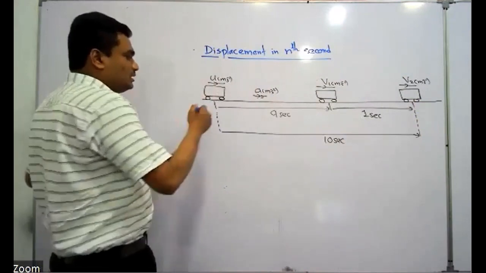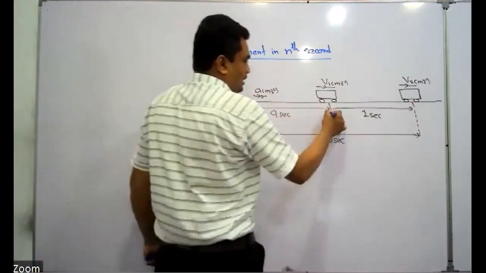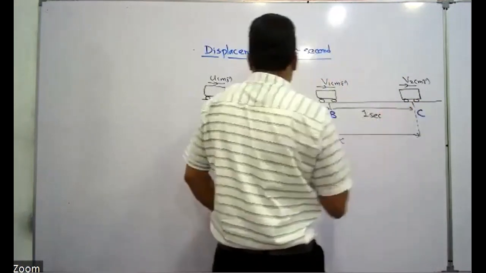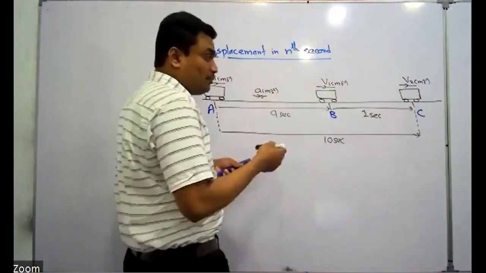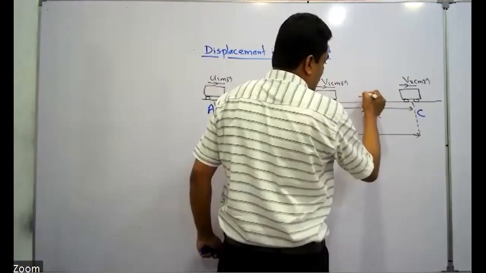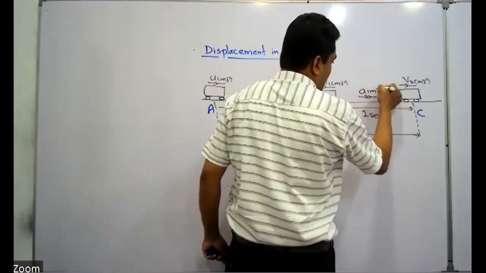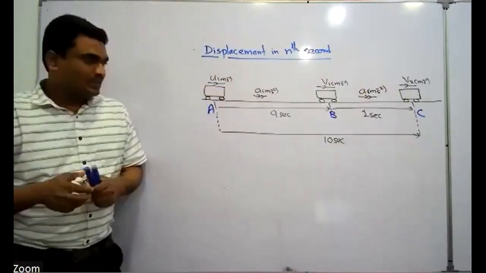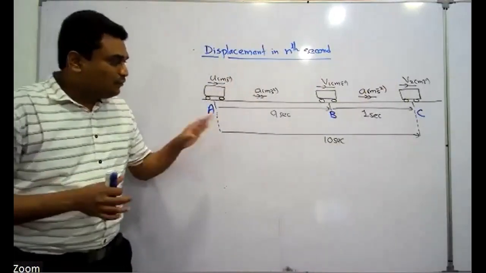It travels from A to B within 9 seconds, B to C within 1 second. A to B acceleration is a, B to C also acceleration is a. Means the object travels with a constant acceleration.